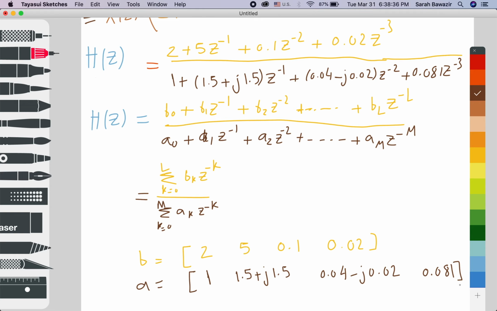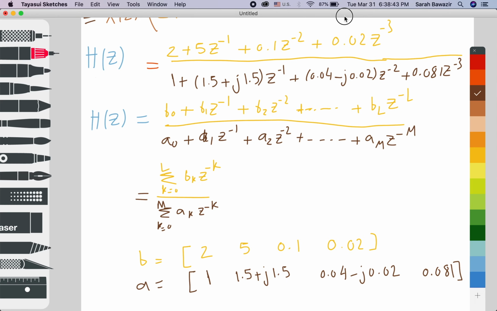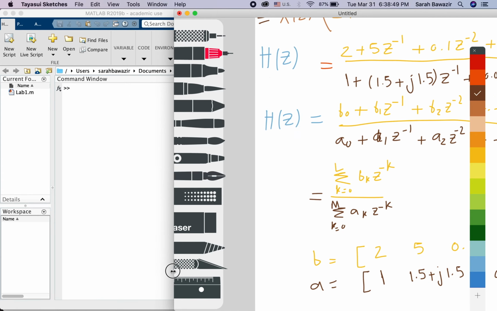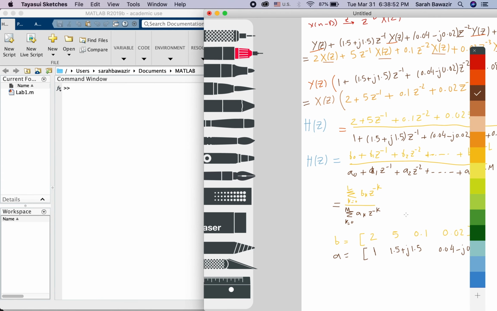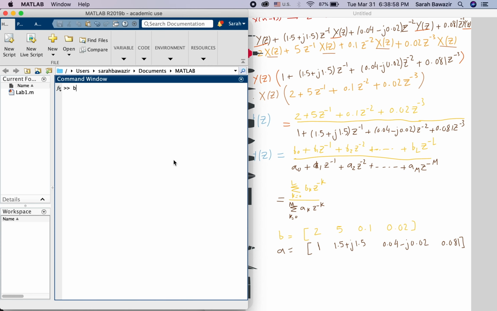Now we are going to use MATLAB. So in MATLAB, we're going to define the two vectors: B equals 2, 5, 0.1, 0.02, and then the vector A: 1, space, 1.5 plus 1.5j.